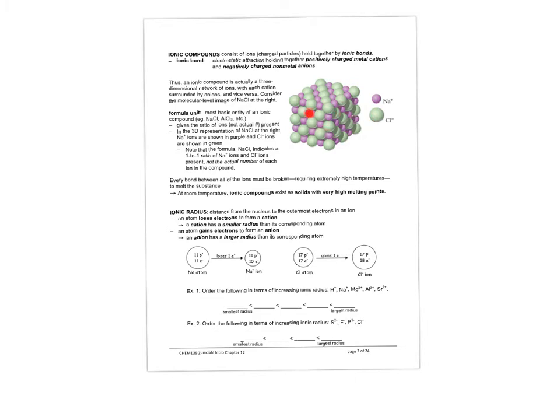And later you'll find out that they go into solution because water is polar and it gets in between these bonds. Now when we take a look at ionic compounds, you should always also note that ionic compounds as solids have a very high melting point.